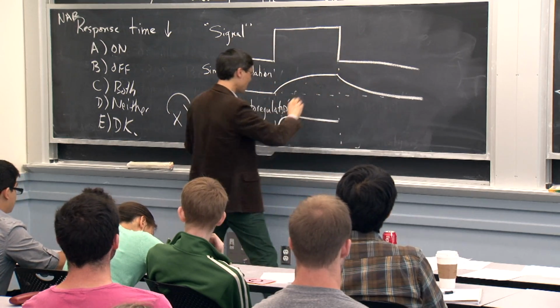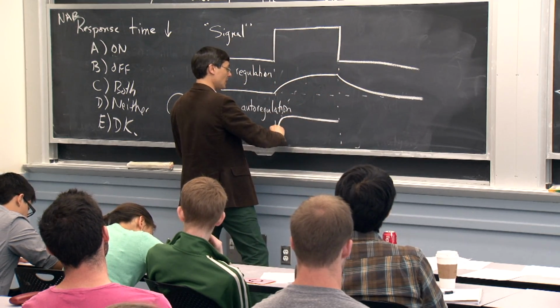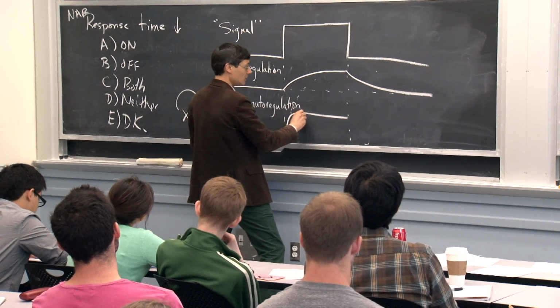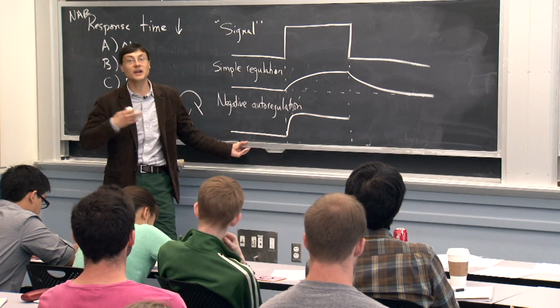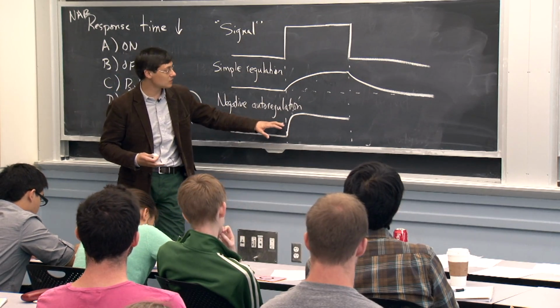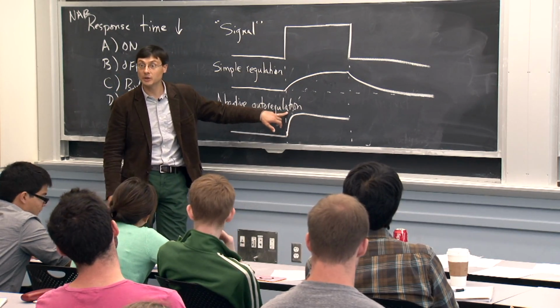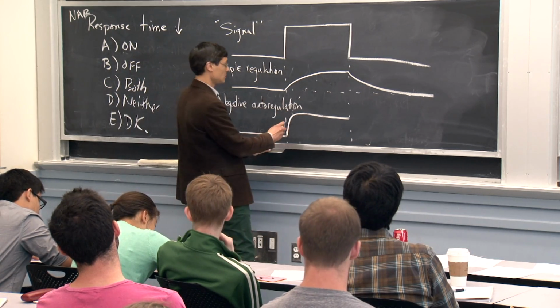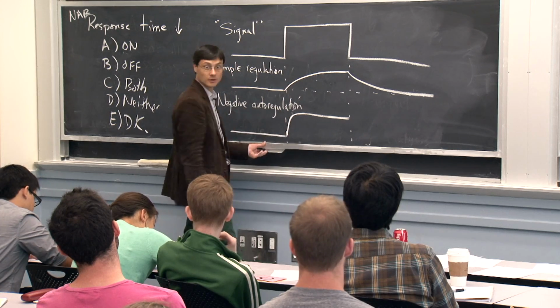But instead, you shoot up, and then once you get up here, you repress expression. So the time that it takes you to get half of your equilibrium goes down.